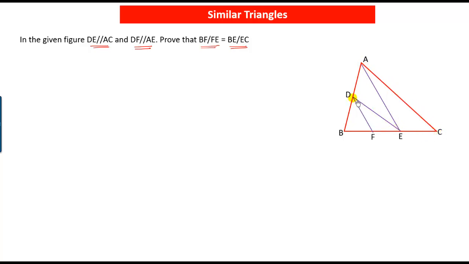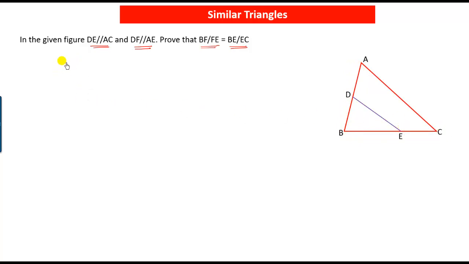So first we will take DE parallel to AC. So I remove the two lines and we get a triangle ABC in which DE is parallel to AC, and this DE is intersecting the two sides of the triangle in two distinct points D and E, so here we can apply the basic proportionality theorem and we get BD upon DA is equal to BE upon EC.